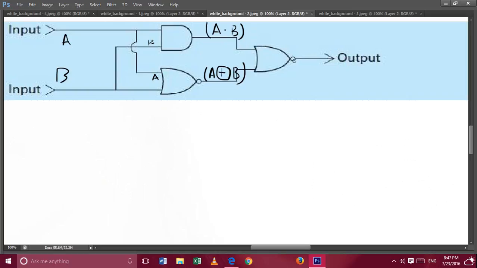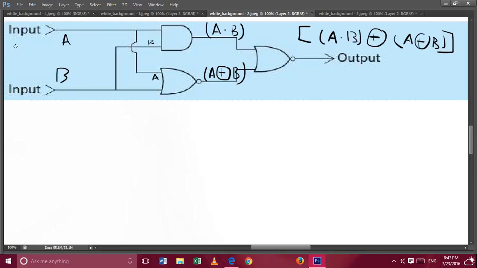Well, the output of this gate is what we have here XOR what we have here. So that would be A and B XOR A XOR B. Very simple.